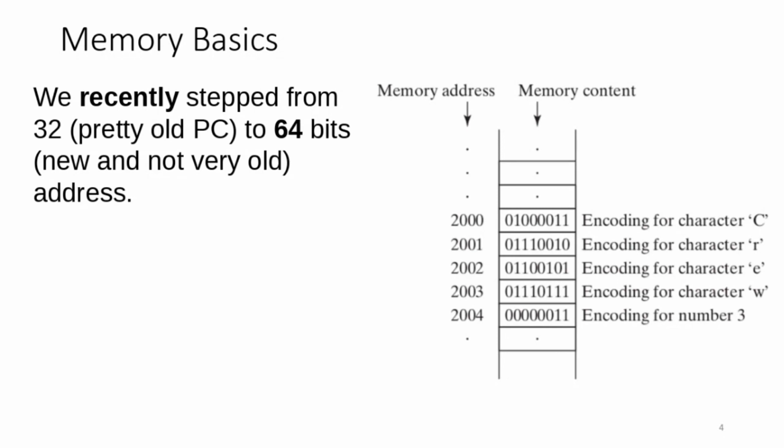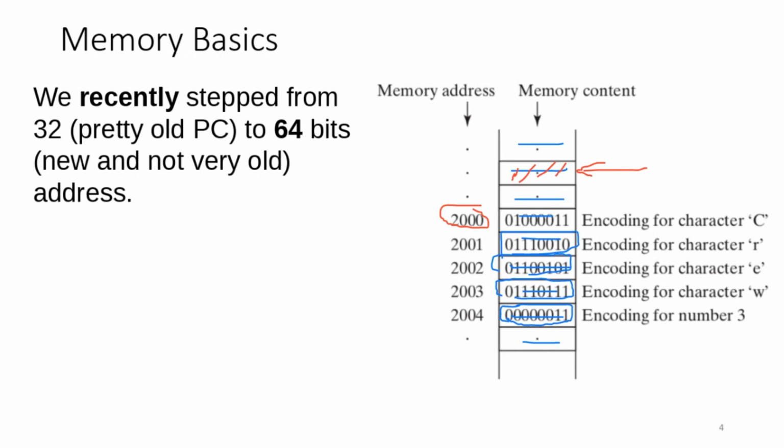In a memory we have chunks of space, and these are the spaces where we store data. In this example the data is stored in the form of a byte. We have one data here, one here, one here, and one here. The locations where we save the bytes have an address.